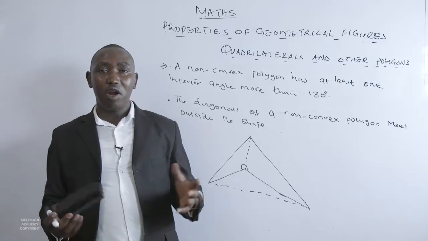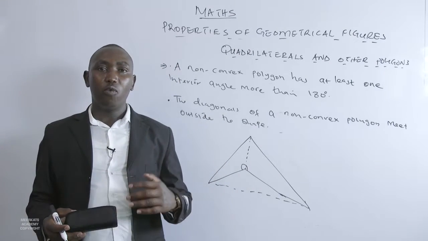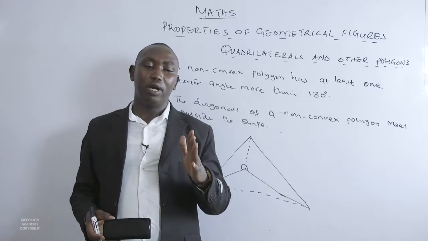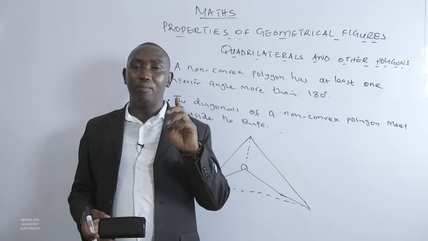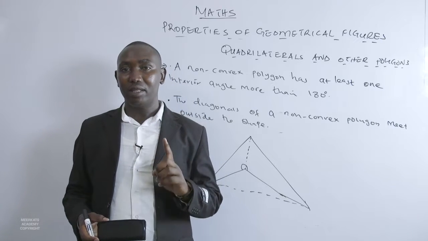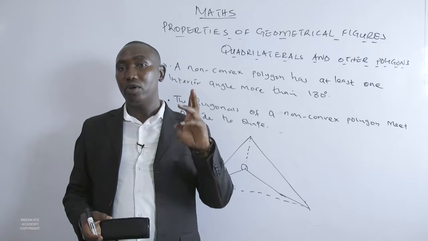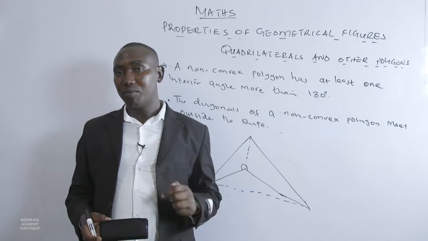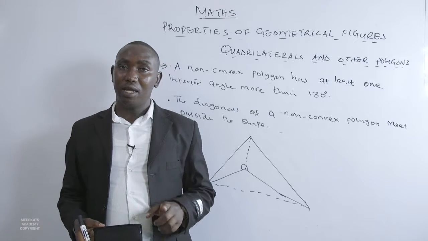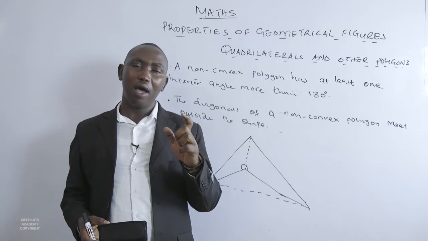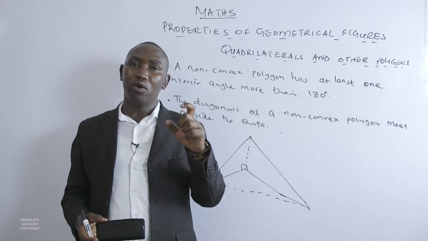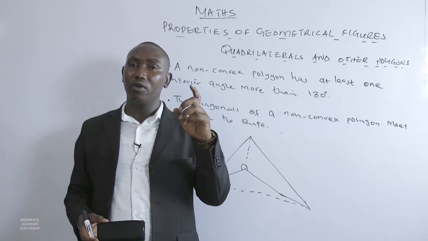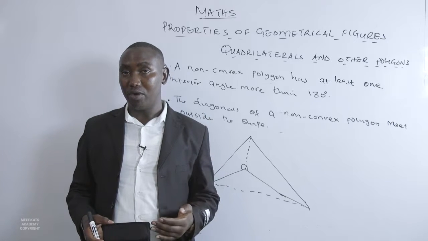So we now want to develop a table in which we are going to name the polygons depending on, one, the number of sides they have, and also the number of triangles making them. On the number of triangles, we shall be interested in finding out the total sum of the interior angles of these polygons.